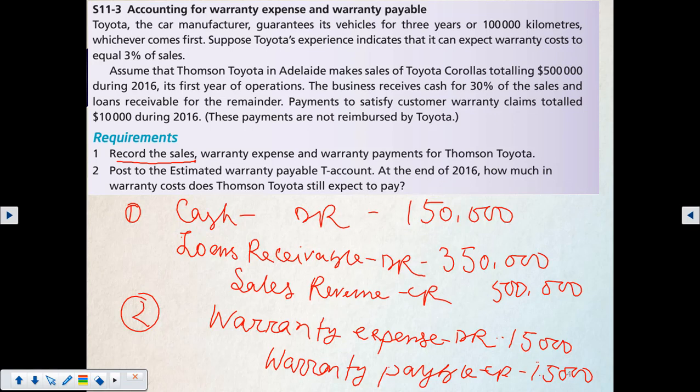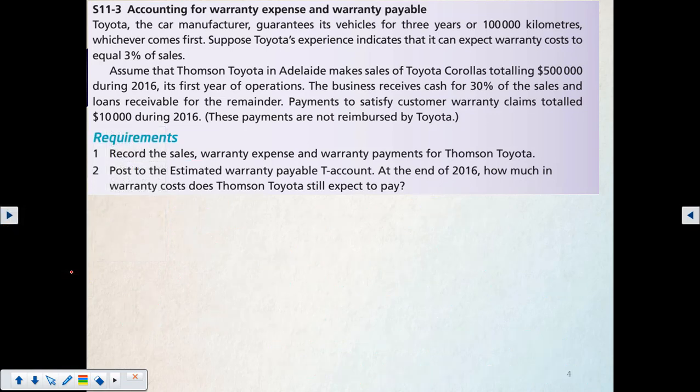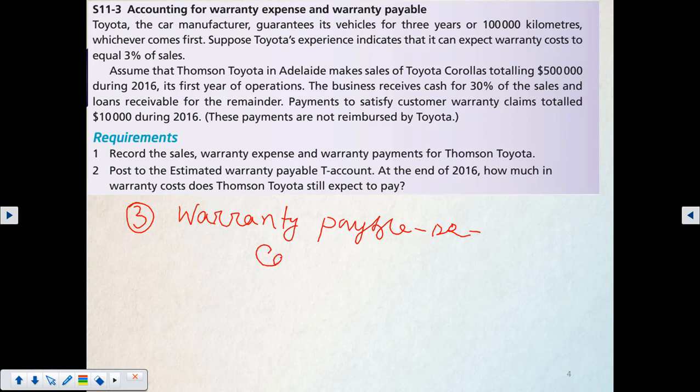So let's give the third journal entry for this. Warranty payable debit to cash credit.